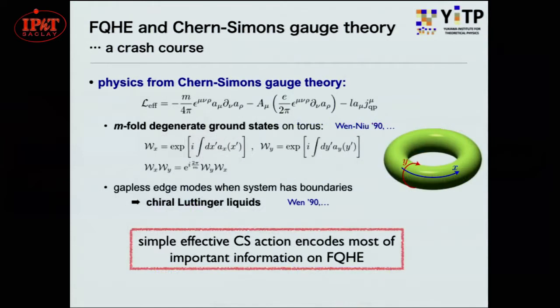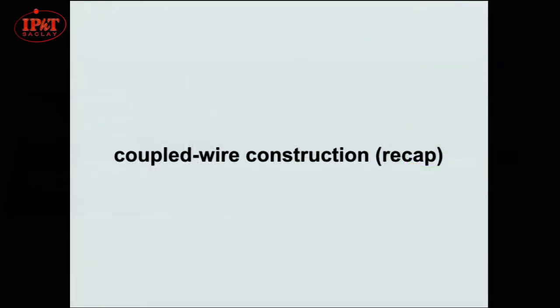Also we can calculate the ground state degeneracy starting from the Chern-Simons effective action by calculating the commutation relation of the Wilson loops. So basically, this simple effective action already encodes most of the important information concerning the fractional quantum Hall effect. So this is nice.